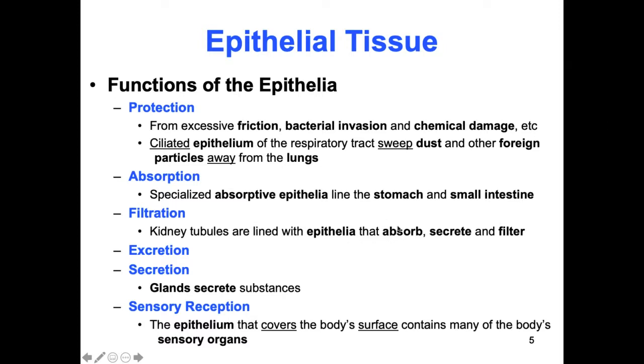There's a degree of absorption that takes place there, and there's a degree of secretion that takes place there, as well as excretion. When I think of secretion, we see the word secrete, I think of glands, right? Glands can secrete substances, but the kidneys also secrete substances. When you get into the kidney and the urinary tract, you learn all about the nephron, and you also get into the cardiovascular system.